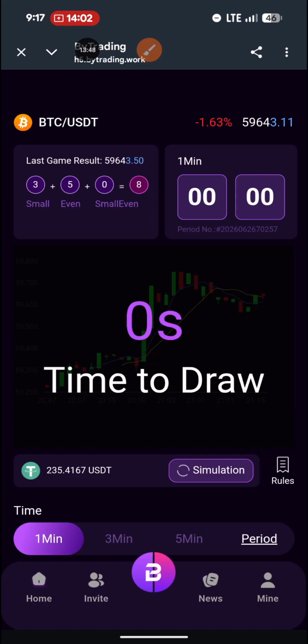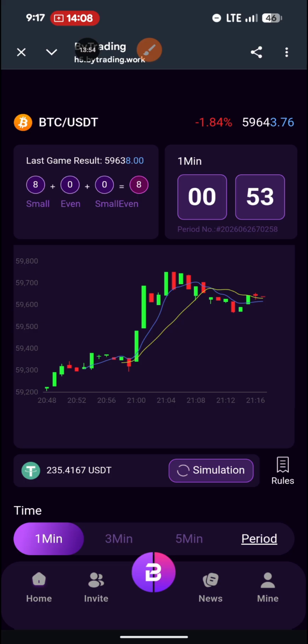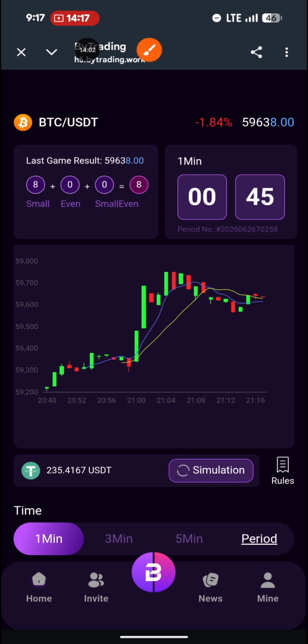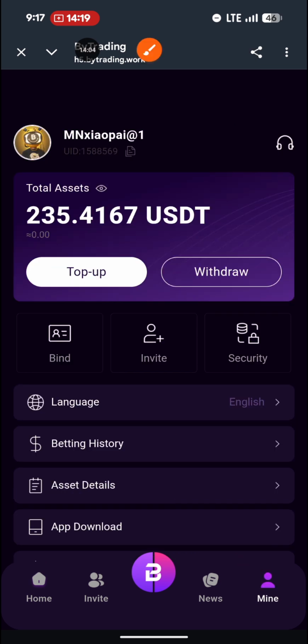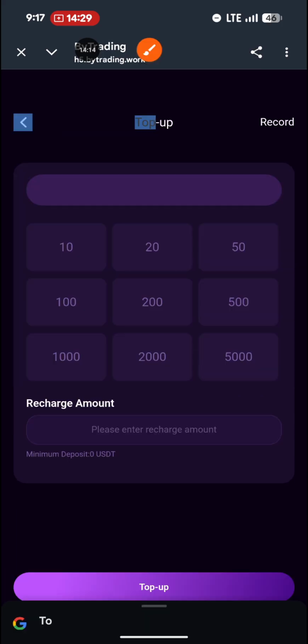Now that's that about the trading. Now how can you deposit into the platform? It's very simple. You just head over to where they write mine, this particular place here. You click on mine. Once you click on mine, you can see this is what I have left on my balance. If you want to top up, you just click on this particular option here. You click on top up.